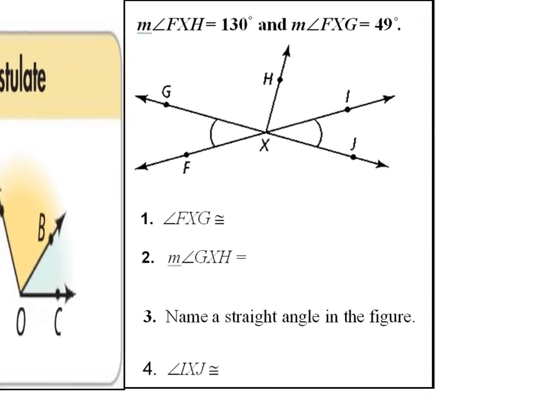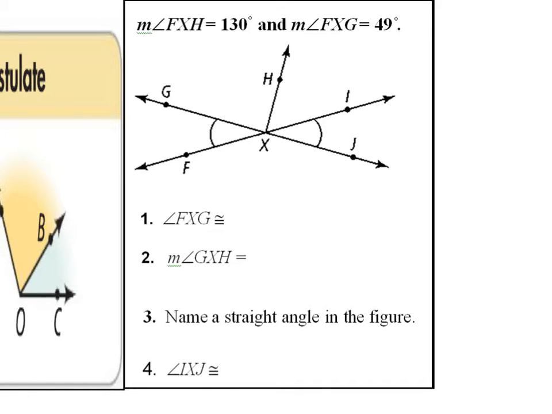It says here the measure of angle FXH is 130. So from F to X to H is 130 degrees total. The measure of angle FXG is 49. It wants to know what other angle FXG is congruent to. FXG is right here and has a single arc mark.